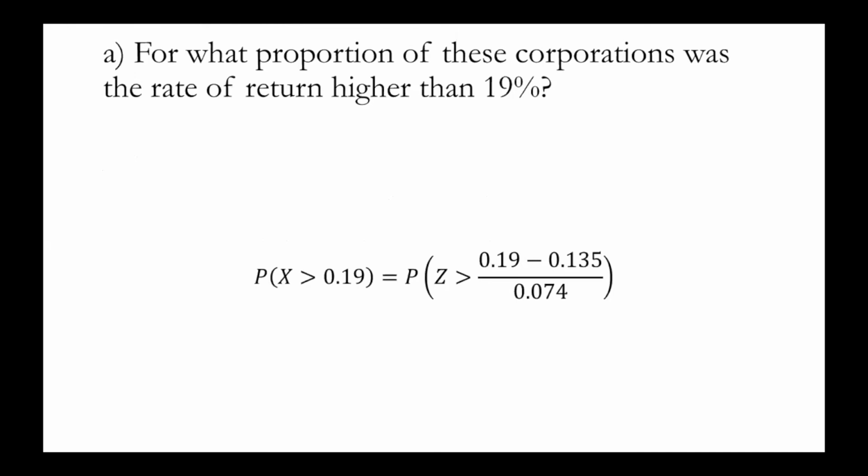So you calculate the probability that the critical value is equal to 19% minus the mean divided by the standard deviation, and the value in the parentheses will then be 0.7432.